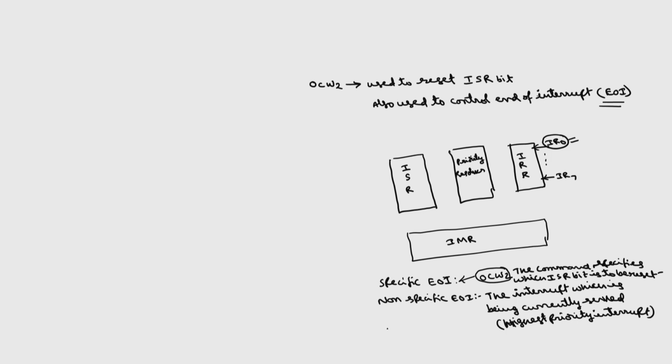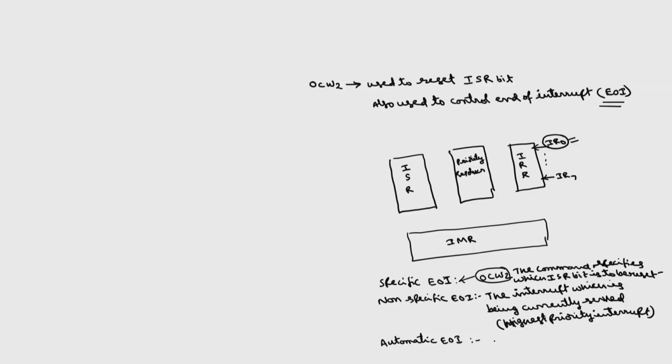There is one more EOI which is called automatic EOI. Here there is no need of a command. By default in the third INTA bar cycle, the corresponding ISR bit will be reset.